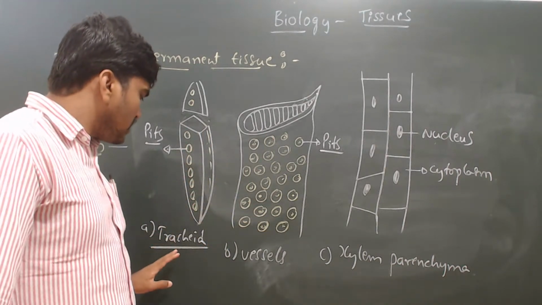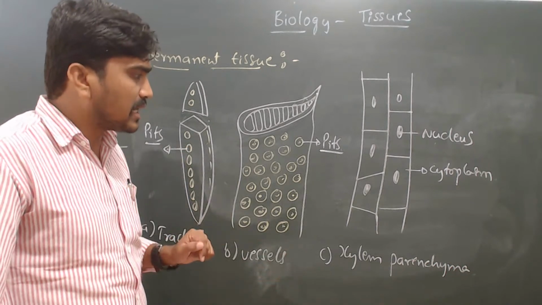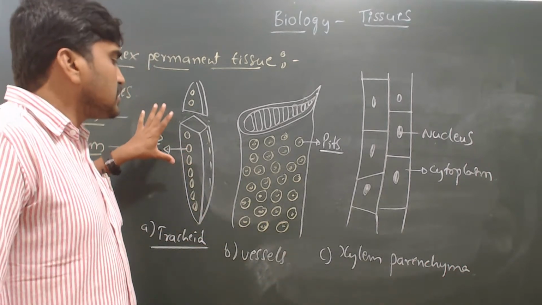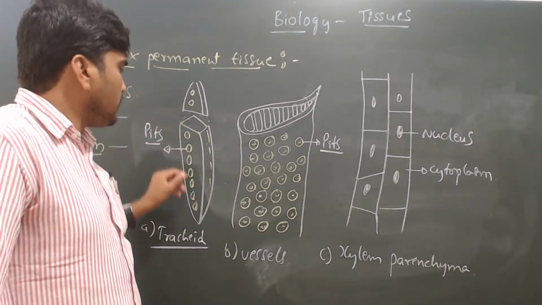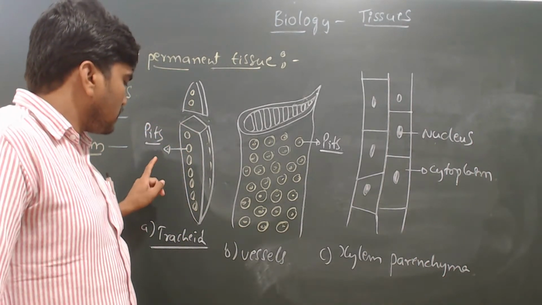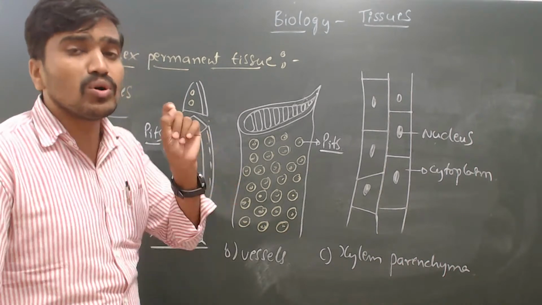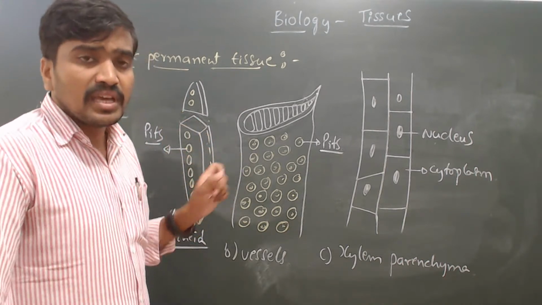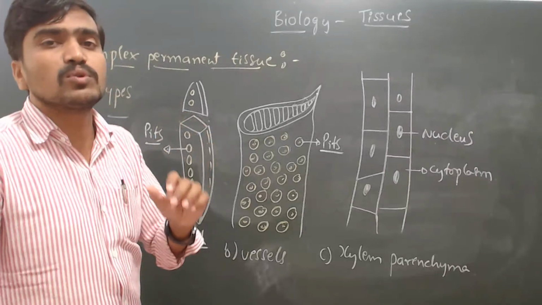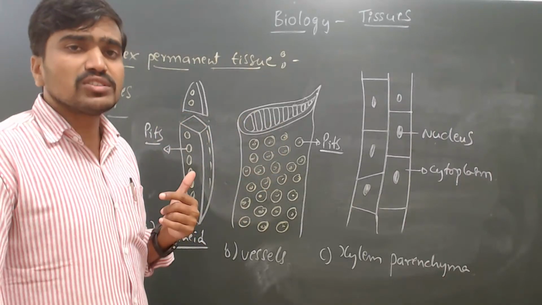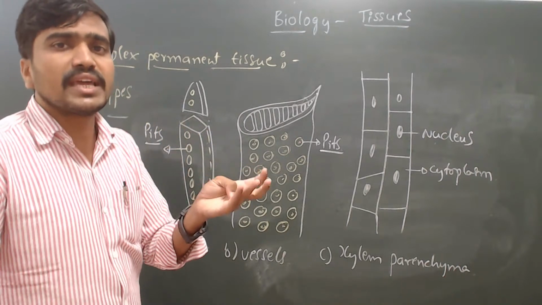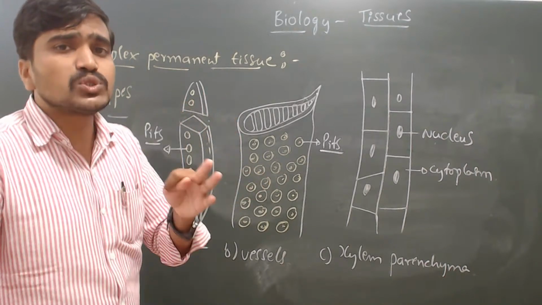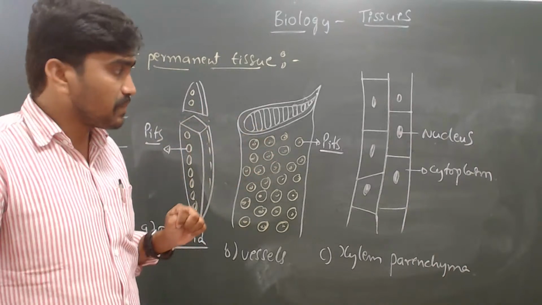Now observe these three: tracheids, vessels, and xylem parenchyma. Tracheids are long and elongated in structure, placed one after another. In xylem, tracheids and vessels both contain pits. These pits help to transport the water easily. Because of that reason, of the four components of xylem, only the first two, tracheids and vessels, help to conduct water in plants.